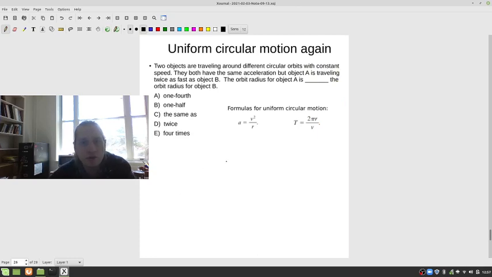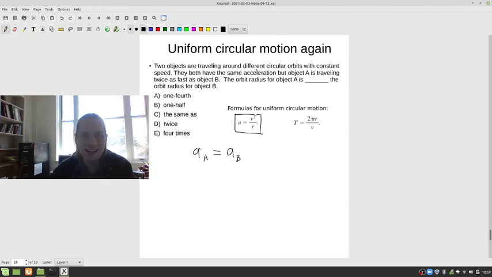Here's another type of problem that I love to give on this type of issue. If you have two objects traveling around different circular orbits with a constant speed, they both have the same acceleration, but object A is traveling twice as fast as object B. All right. Acceleration of A equals acceleration of B. So this acceleration we're talking about is the v squared over r, centripetal acceleration.